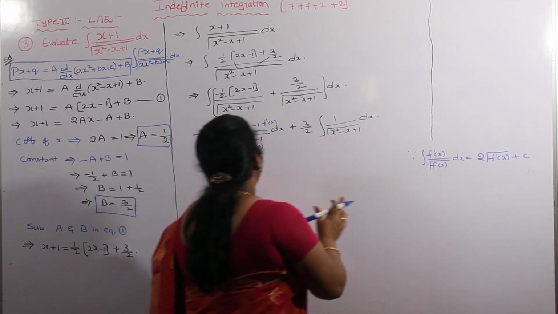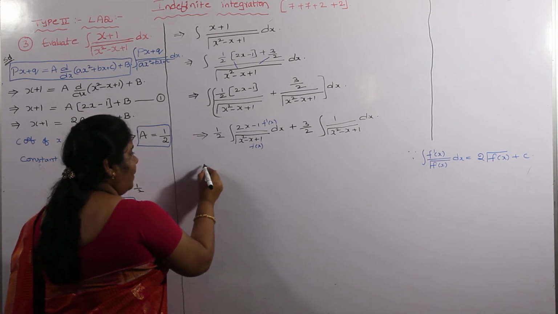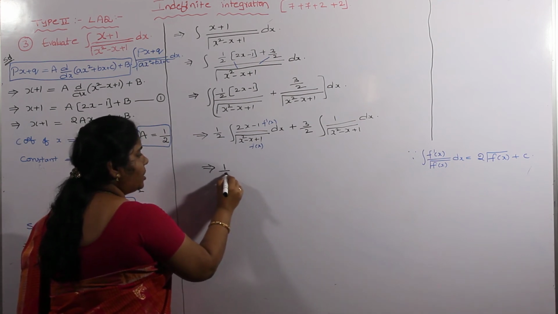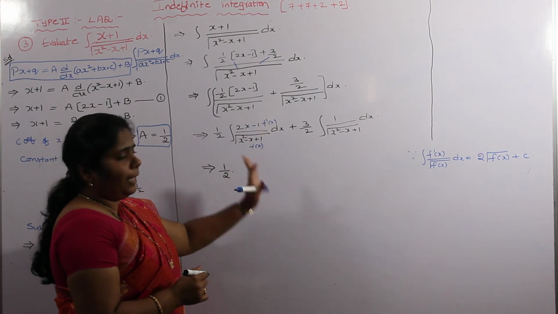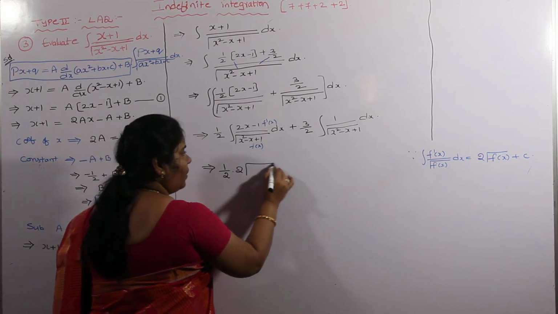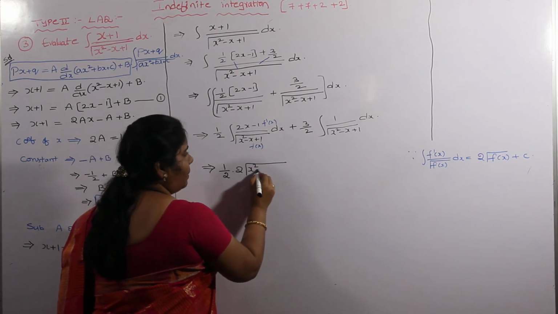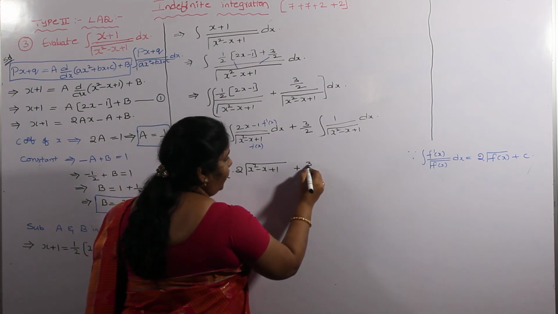Here f of x is what now? X square minus x plus 1. Substitute that formula here. That implies 1 by 2 is a constant, take it as is. This is in the form of the integral of f dash of x by root f of x, that is 2 root f of x. 2 root f of x is x square minus x plus 1. Plus 3 by 2, take it as is.